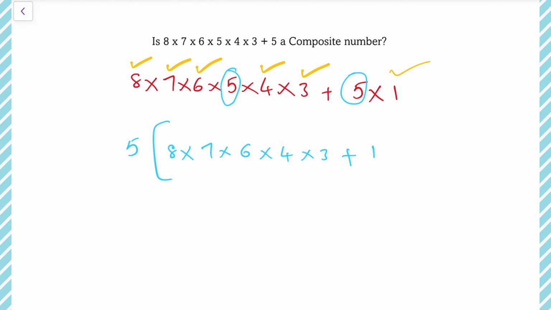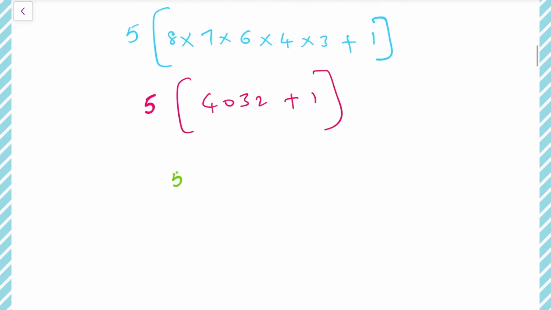Write that 1 here. 5 into, let us multiply these all things. 8 into 7, 56, 56 into 6, 336, 336 into 4, 1344, 1344 into 3, 4032 plus 1. So 5 into 4032 plus 1, 4033.